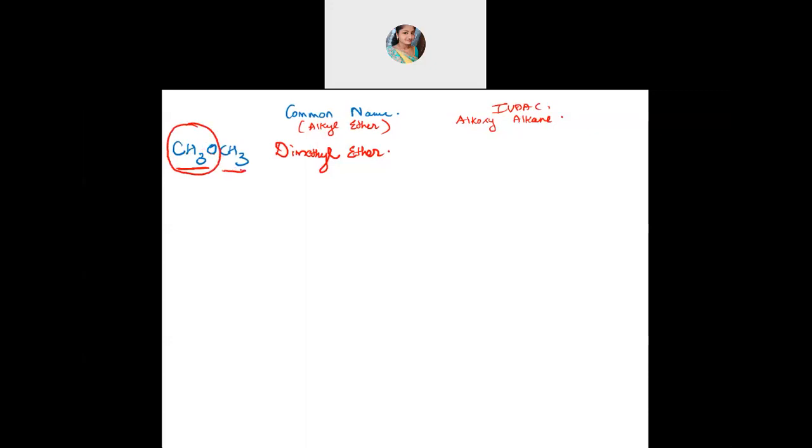Then you consider this as the parent, alkane. That has one carbon. So what will be the name? Yeah, correct. Methoxy, one carbon, methoxymethane. Very good. Write it as one single word. Starting letter should be capital.